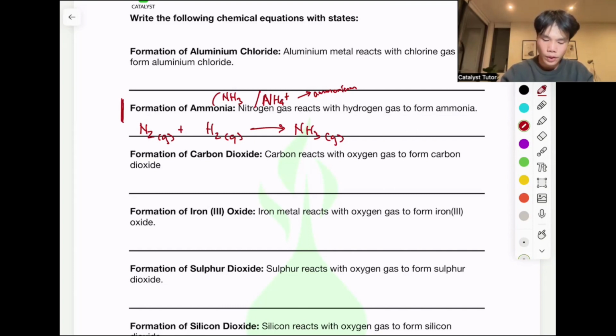All right. So after we've written that out, nitrogen gas, hydrogen gas, remembering that those are diatomic molecules. What's the rule to remember our diatomic molecules? There's 2 different rules you could have remembered.